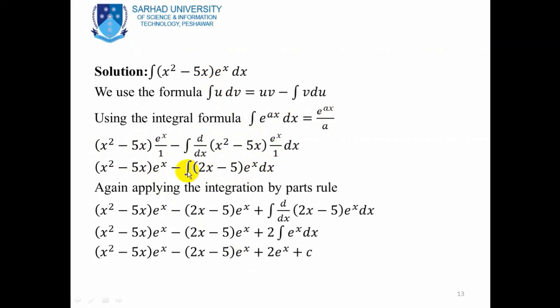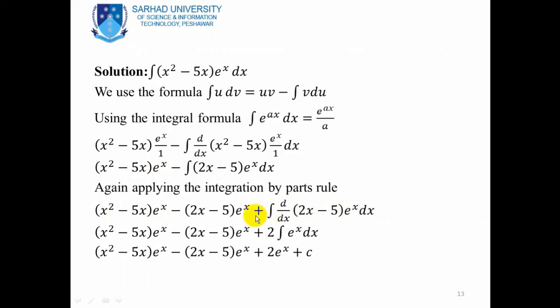So again applying the integration by parts rule, 2x - 5 is considered the first function. So the first function and the integration of the second function, like you see here, (x^2 - 5x) e^x as it is, minus the first function times the integration of the second function, minus the whole integration, but minus minus becomes plus, of the derivative of the first function, which is 2, and the integration of the second function e^x.